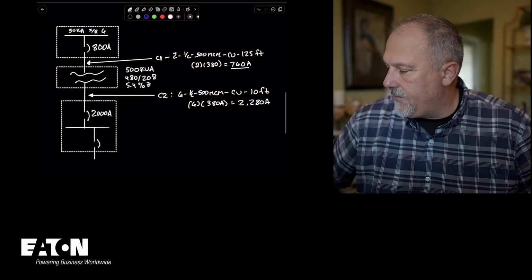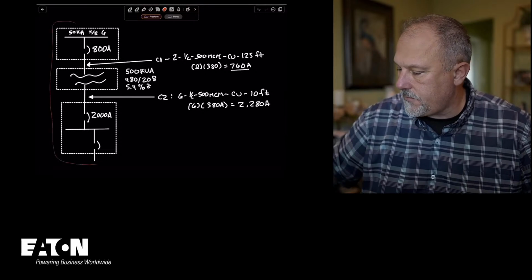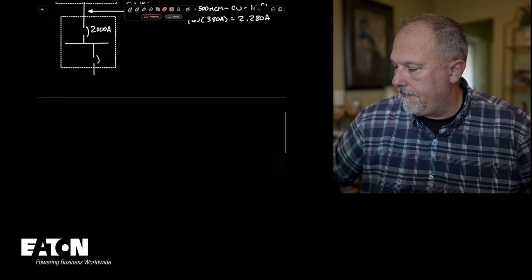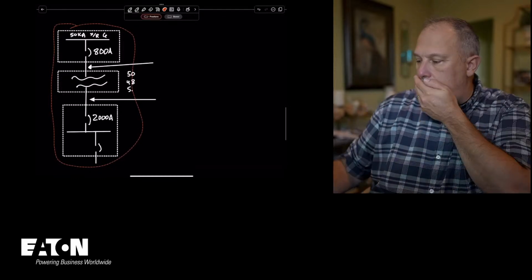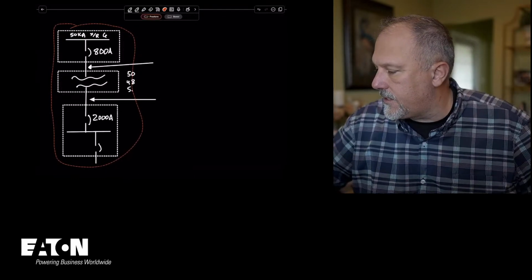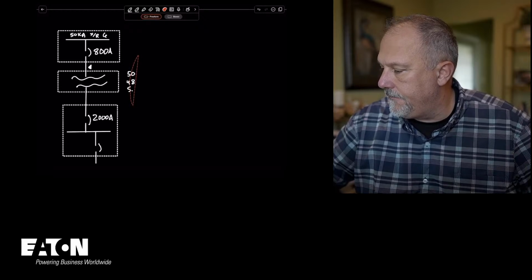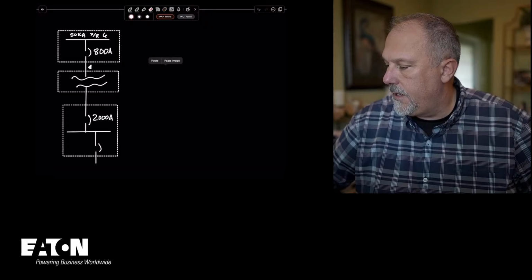So now I am going to take this one-line diagram. I'm going to hit copy and paste. All right. So let's do it. Let's erase this. Need an eraser. All right.